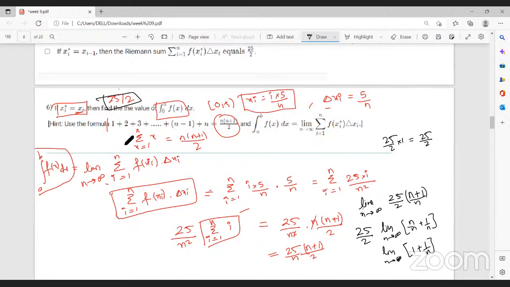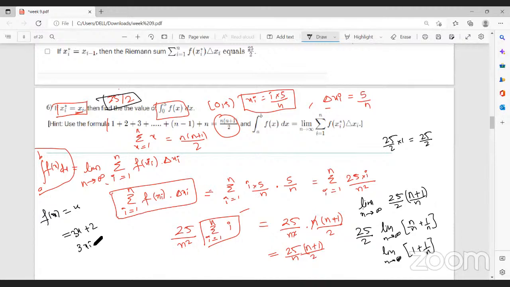Okay. Any doubt in this question? Sometimes I get confused about f of xi star. For f of xi star, we just have to put the xi value. Here, because f of x is x in this question. Suppose we have 3x plus 2. In that case, we have to put this function in the place of xi.